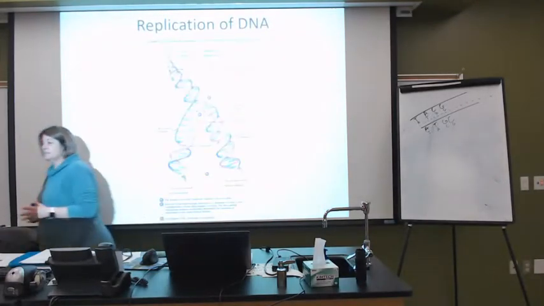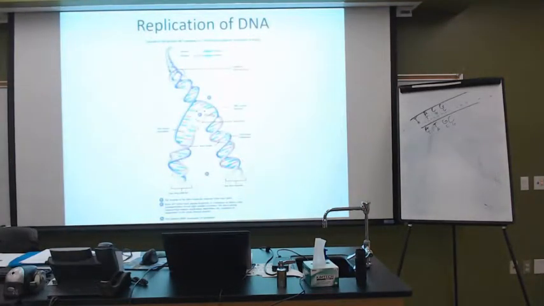Do we want anything to go wrong with our DNA? Oh no, okay? Because DNA, what does it contain? Our genetic information. It contains the genes, and what do the genes code for?